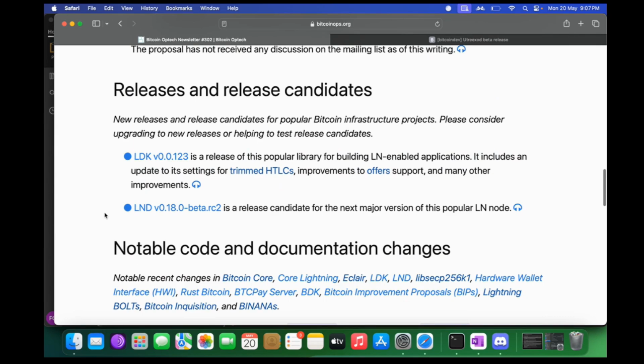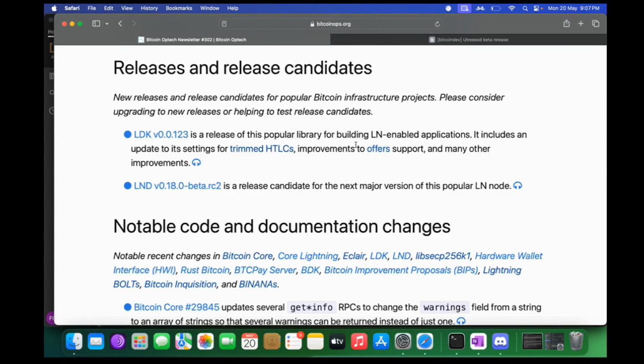Releases and release candidates. LDK version 0.0.123 is a release of this popular library for building LN-enabled applications. It includes updates to its settings for trimmed HTLCs, improvements to offers support, and many other improvements. This is the new version of LDK, which is an implementation of the Lightning Network.